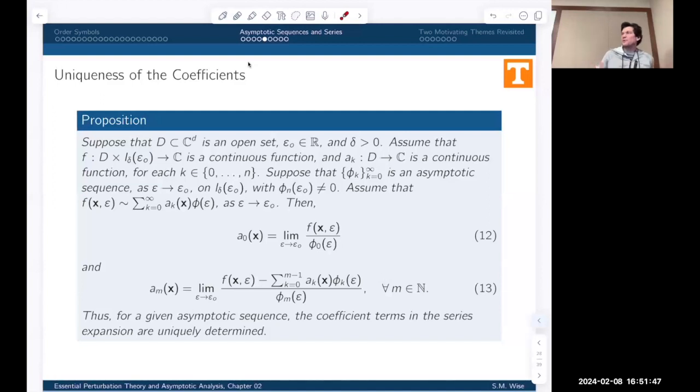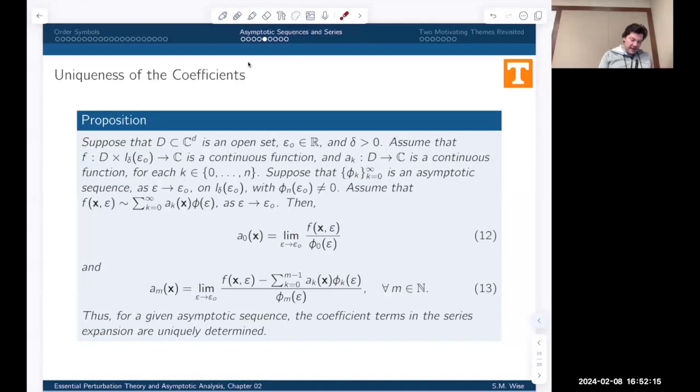And you can see the ordered, that makes sense from the fact that you have this sort of stacking of little o-ness. In any case, given an asymptotic sequence, if I have an asymptotic series expansion with given coefficients, then those coefficients have to be unique. They can only be one thing.